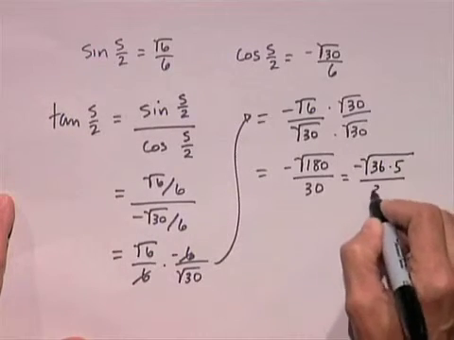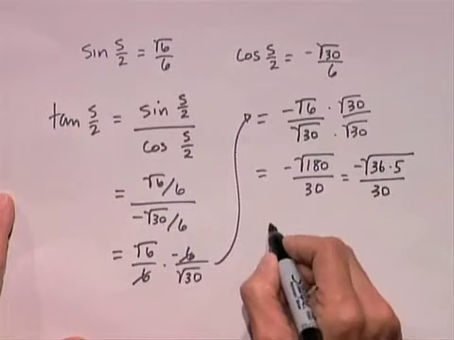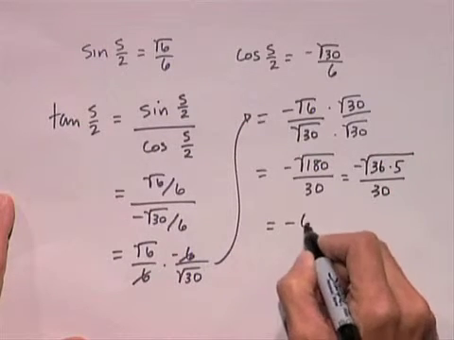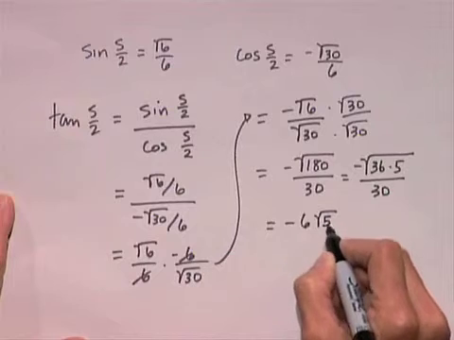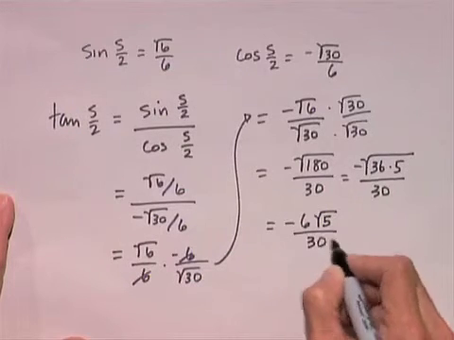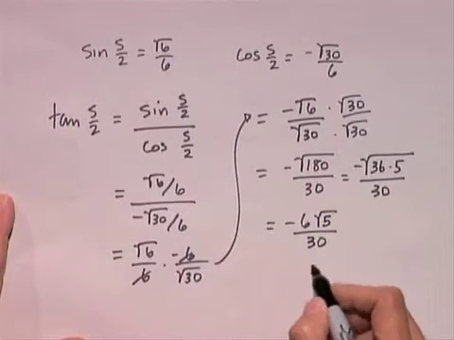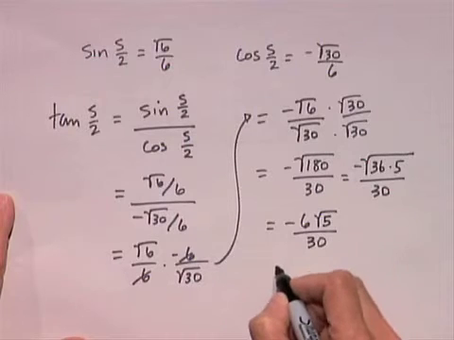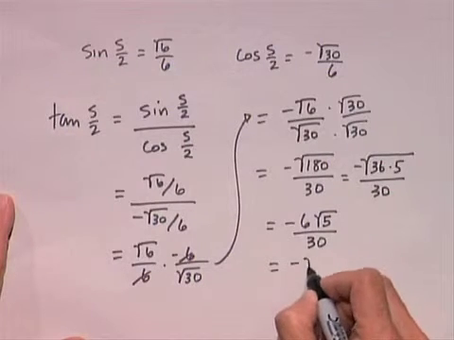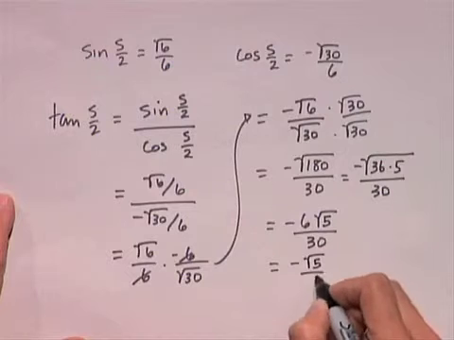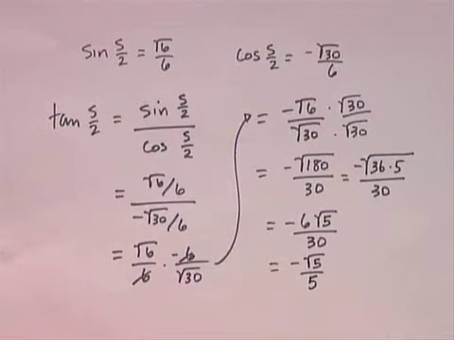Just continuing to simplify, the square root of 36 is 6. So this ends up being negative 6 square roots of 5 over 30. But a factor of 6 simplifies, and so we end up with negative the square root of 5 over 5 as the tangent of s over 2.